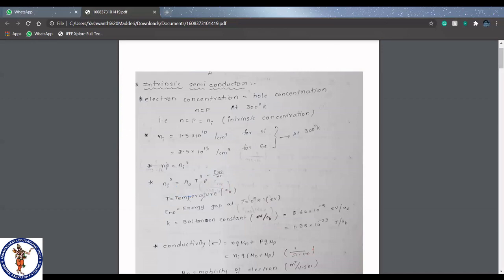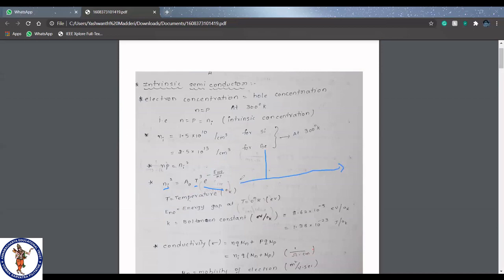After around 500 or 600 kelvins, the exponential term has a huge value compared to the direct term, and we get a negative impact on ni by increasing temperature, and the concentration will decrease.